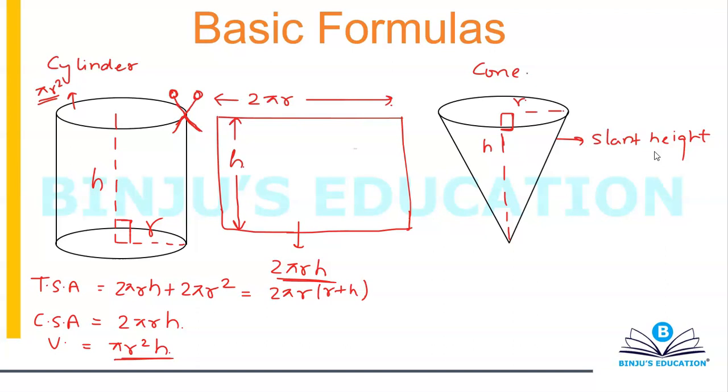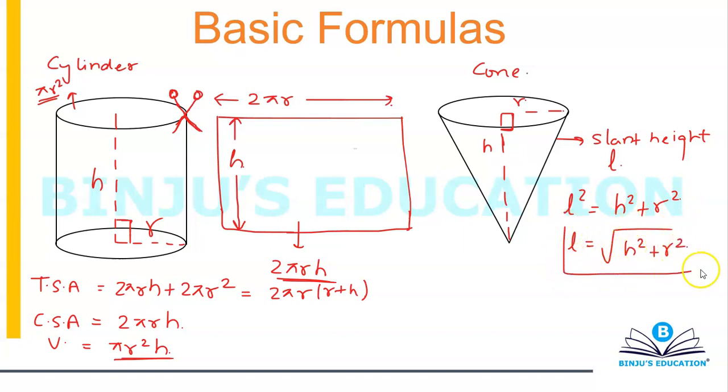You can use the Pythagoras theorem because the angle between H and R is 90 degrees. Let's represent slant height by the letter L. Then L square is equal to H square plus R square, or L is equal to under root of H square plus R square. The total surface area is pi r L plus pi r square.